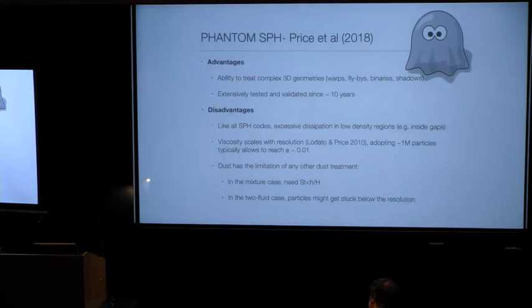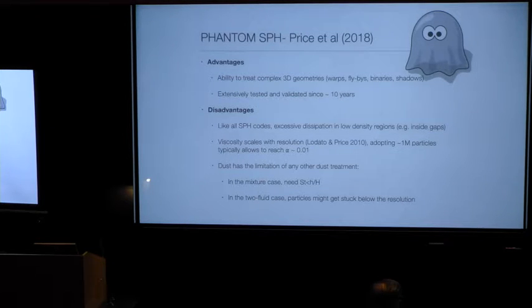This means essentially that if you want a low-viscosity disk, you need many more than 1 million particles. It scales with the cubic root of it. So if you want to go down to 10 to the minus 3, then you need 1 billion particles. Okay, so this might become hard to do.